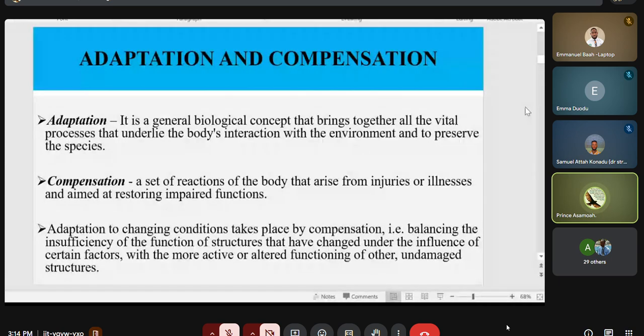Cellular adaptation, we say, is a general biological concept that brings together all the vital processes that underlie the body's interaction with the environment and to preserve the species.